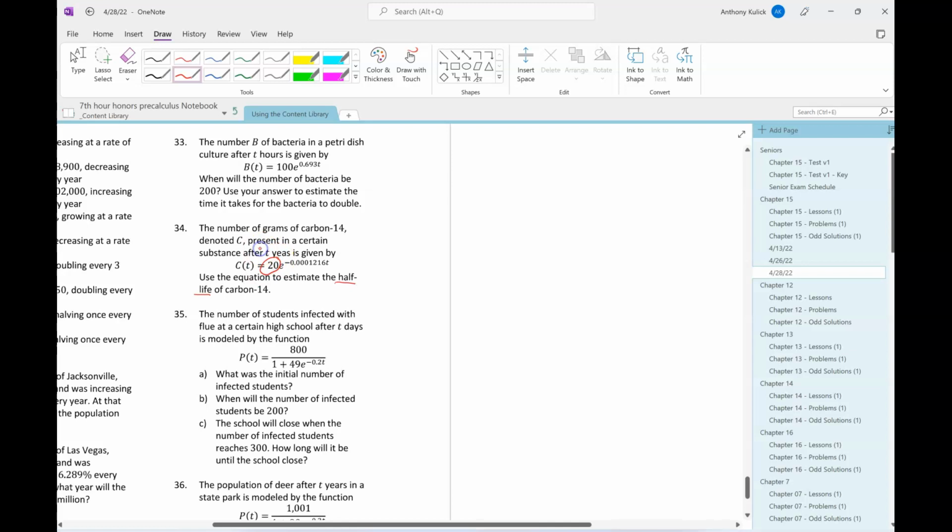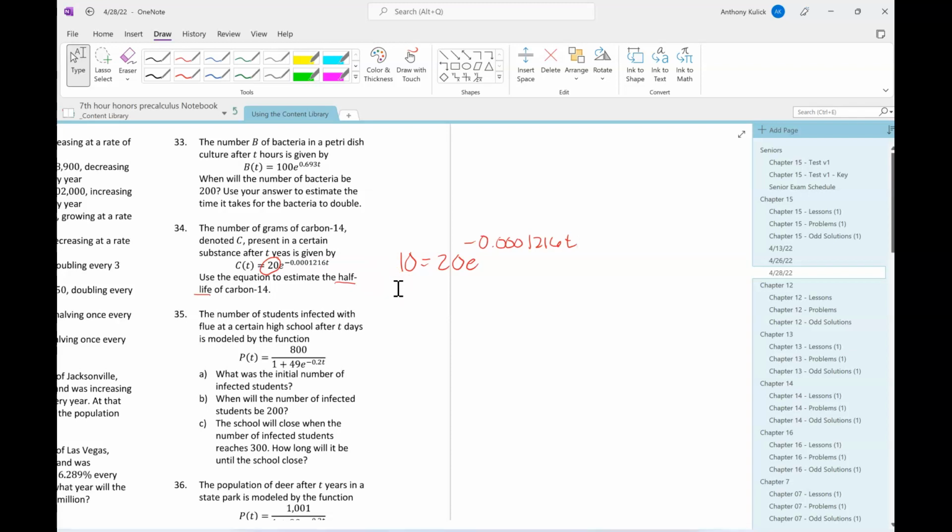So we know the initial is 20, so what I really just need to solve is this. Half-life is when half of the initial amount is gone. So we're going from 20 down to 10.